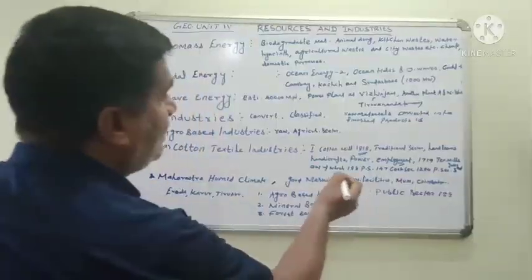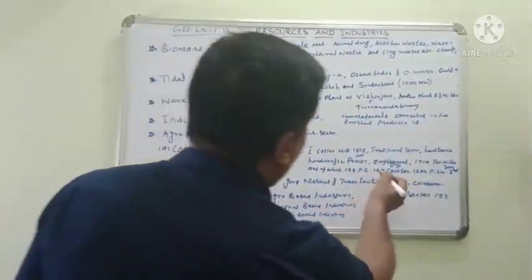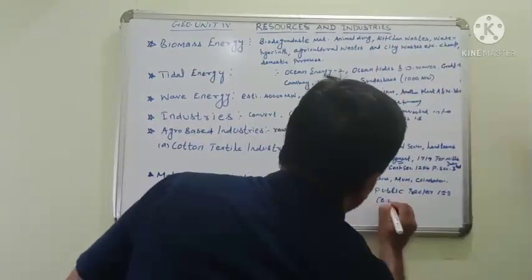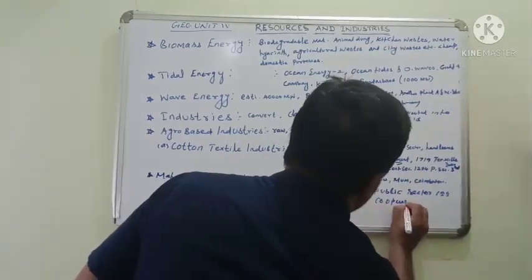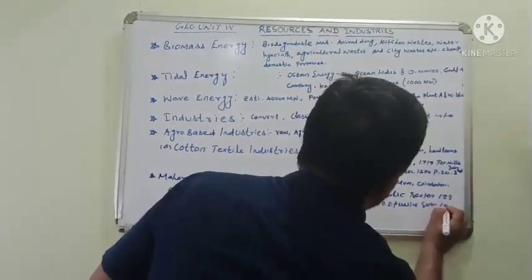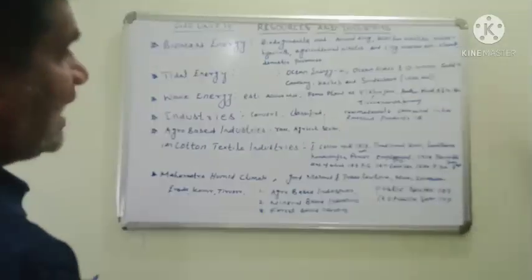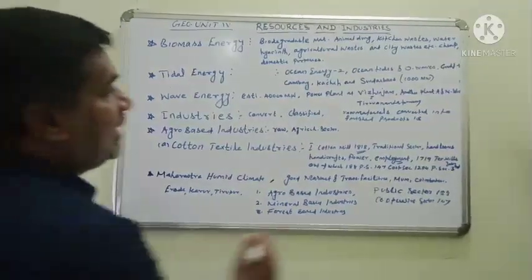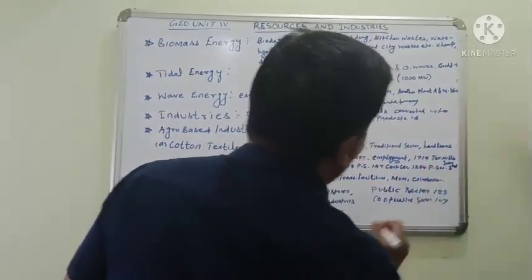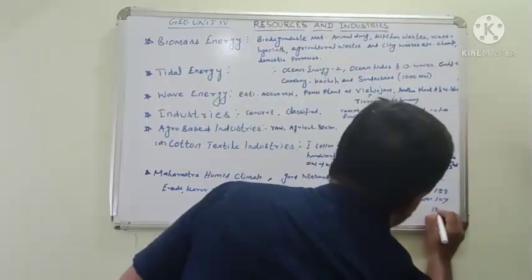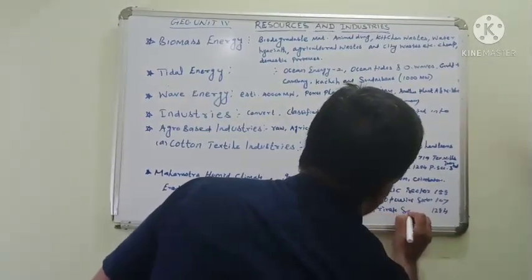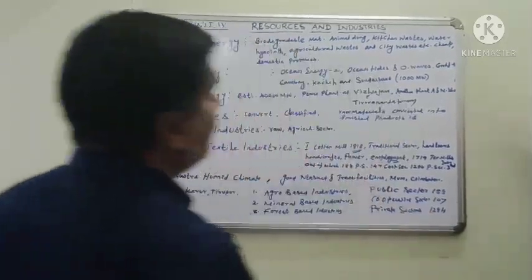And second, 147 textile mills in the cooperative sector are located in our country, and 1284 in the private sector.